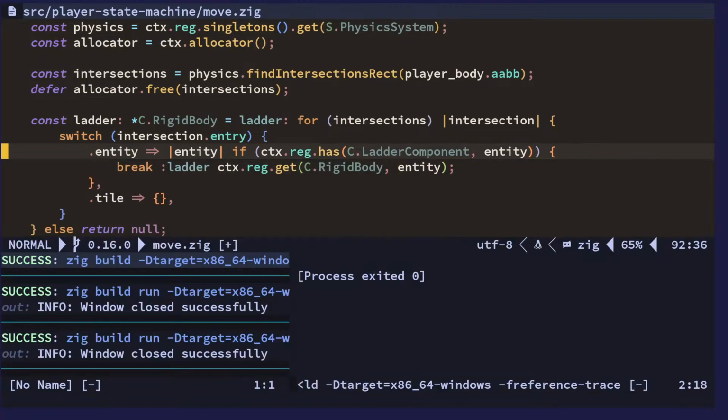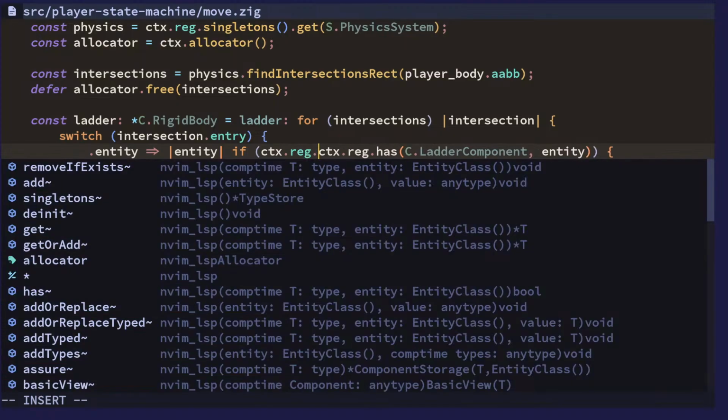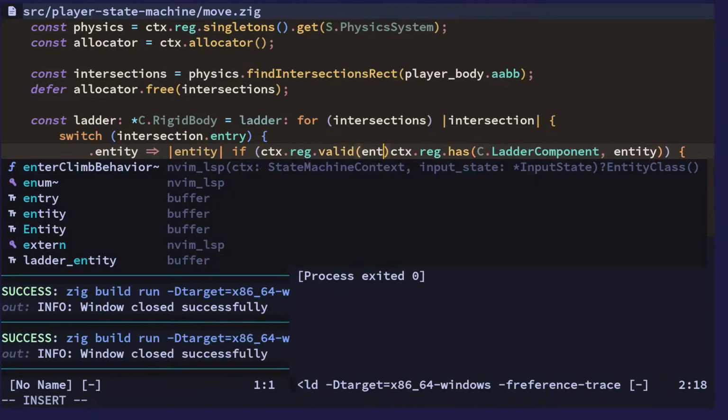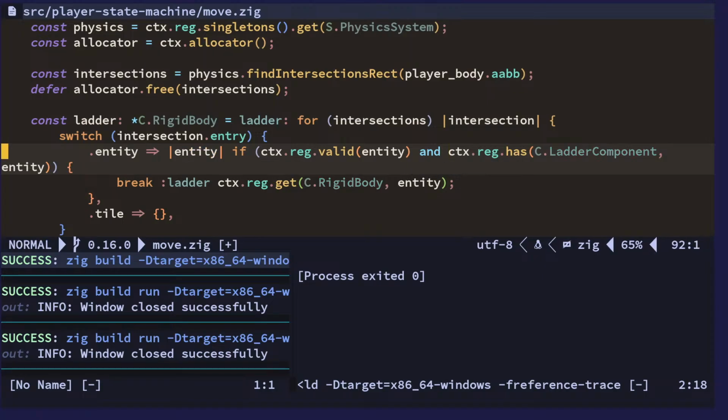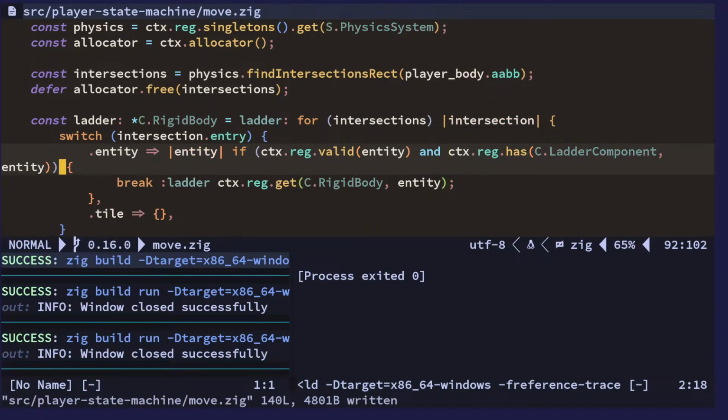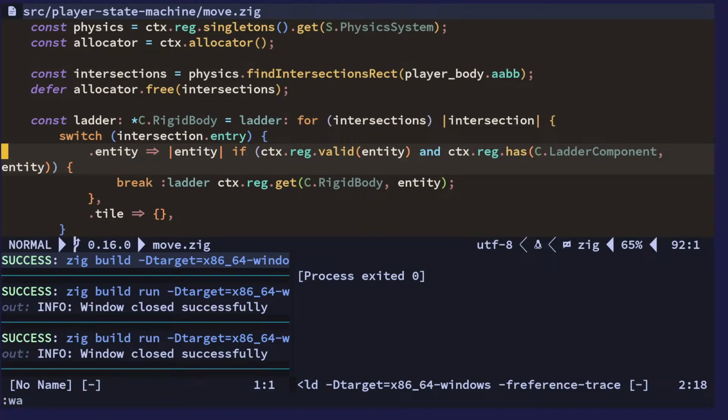I'm just trying to think in which order this could happen, but what we could do is just say valid. I wish it would already do that, although it might be an optimization thing and not just crash there, but okay. There we go.